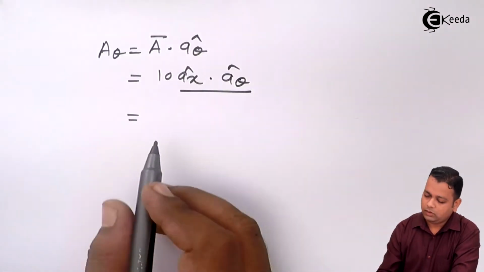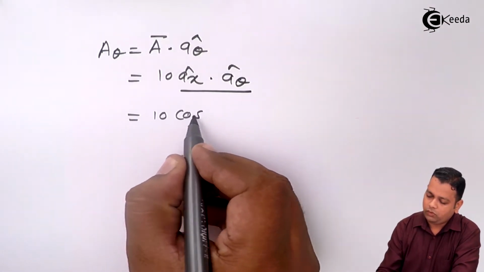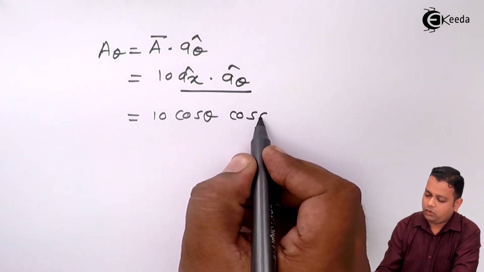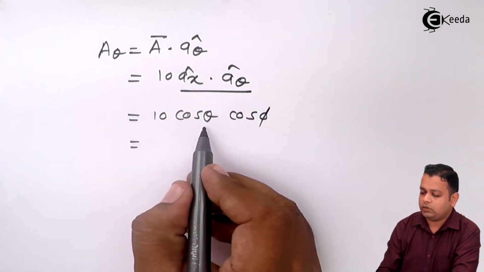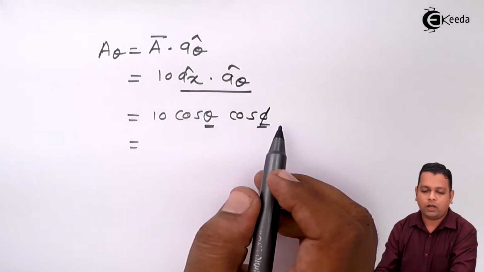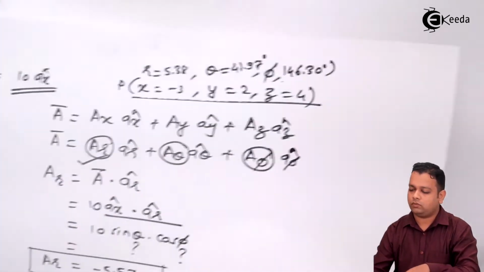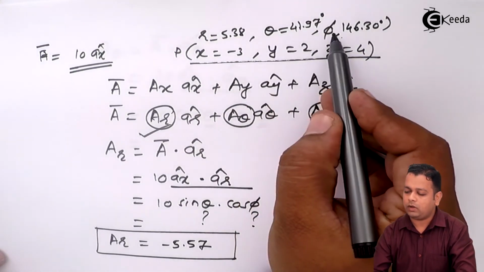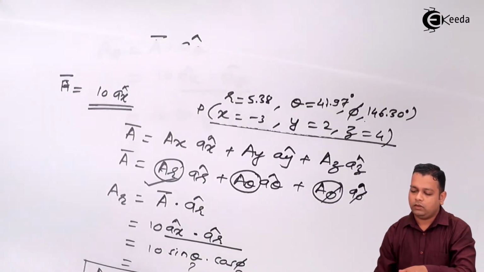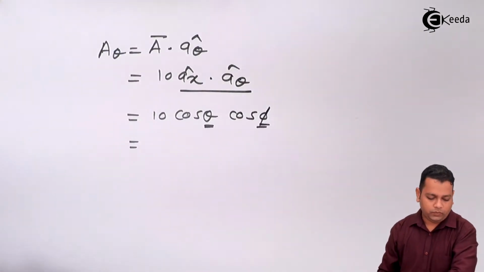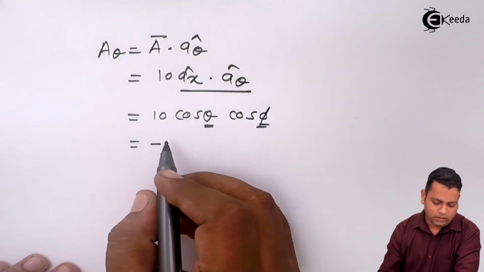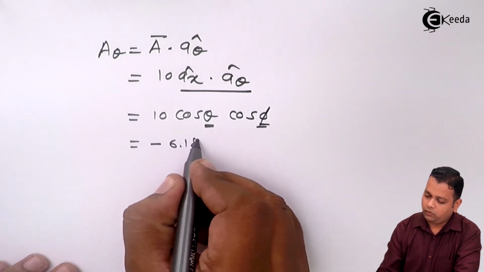So here we write tan cos theta cos phi. Substitute the values of theta and phi. We have just now determined theta and phi. So finally we get the answer a theta is equal to minus 6.18.